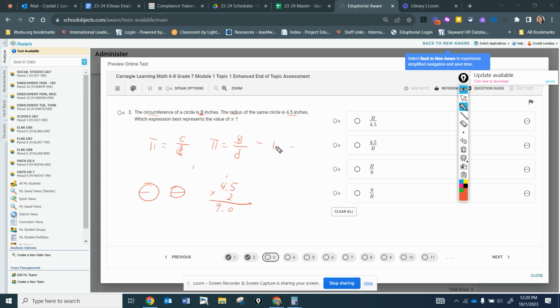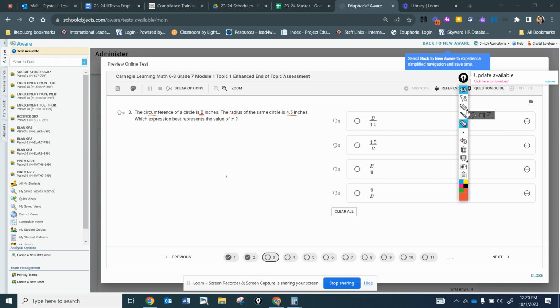So pi equals b divided by 9. There's your answer. Again, notice I'm writing everything down, plugging in my numbers every time, and that's what you need to do in order to get these right, is to plug in your numbers every single time.